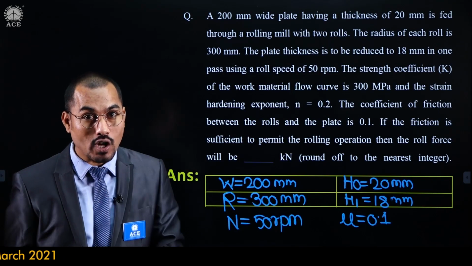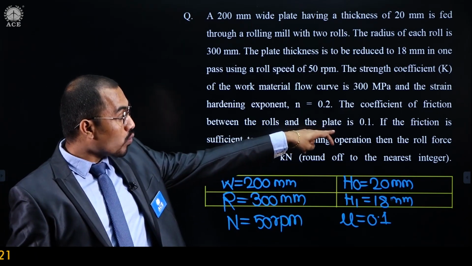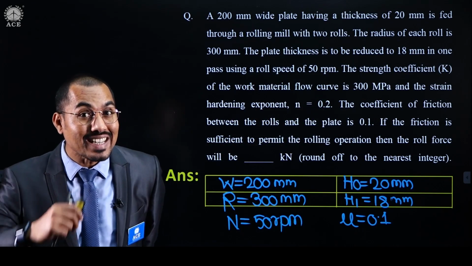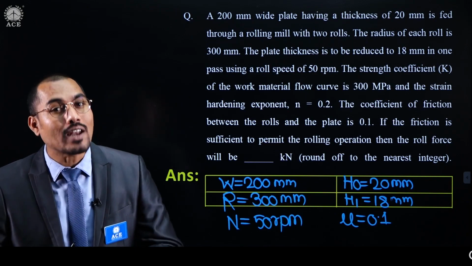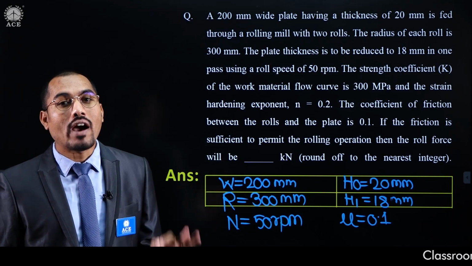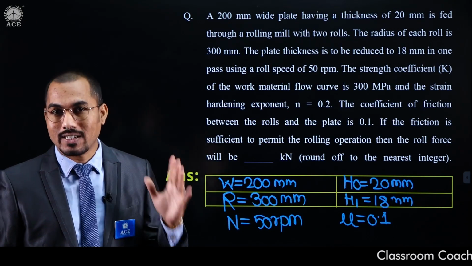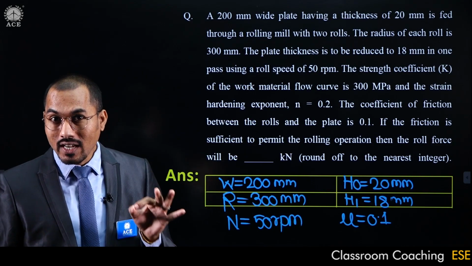That's what the statement should have been. But as he has given a 0.1 coefficient of friction, which is just sufficient to drag that strip into the rolling operation, calculate the rolling force, which means that the value of friction should be considered.